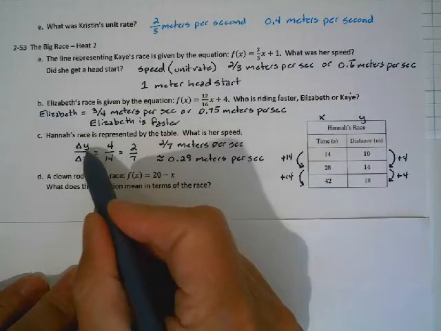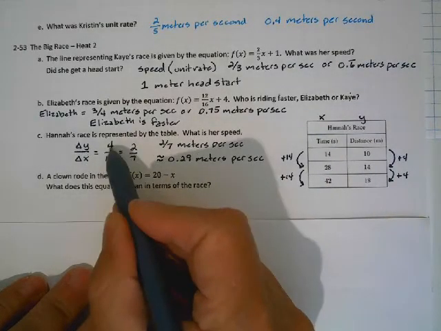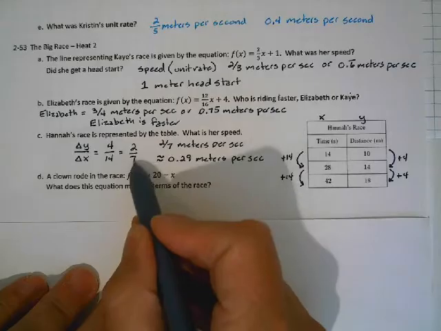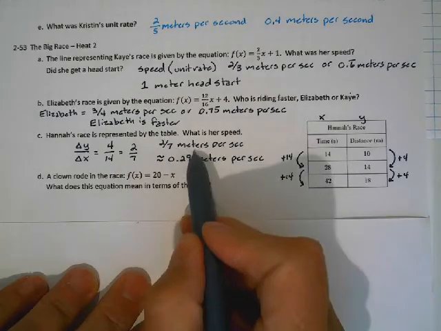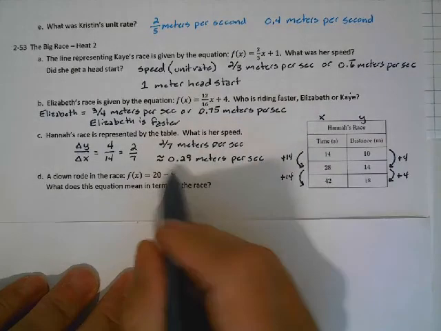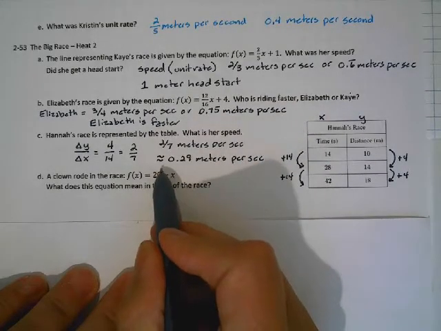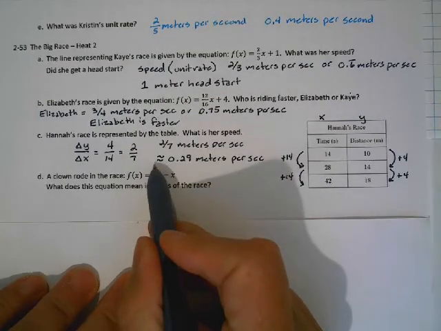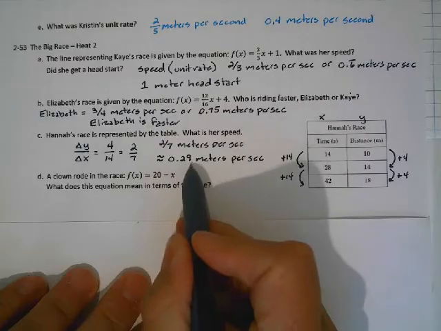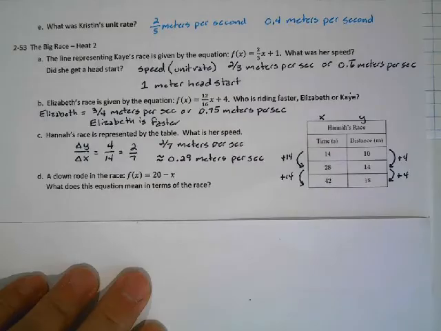So my change in y divided by change in x is 4/14, which reduces to 2/7. So her speed is 2/7 of a meter per second. It's probably better to write this as a decimal. So I said approximately, because I rounded, that's the symbol for approximately, 0.29 meters per second for that one.